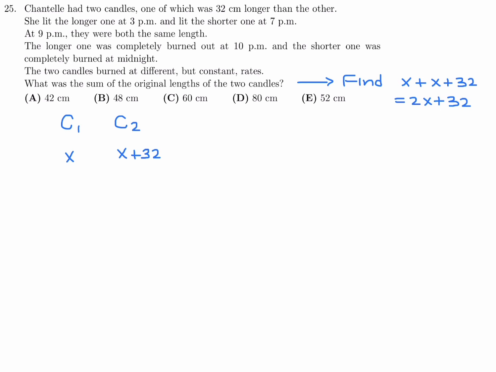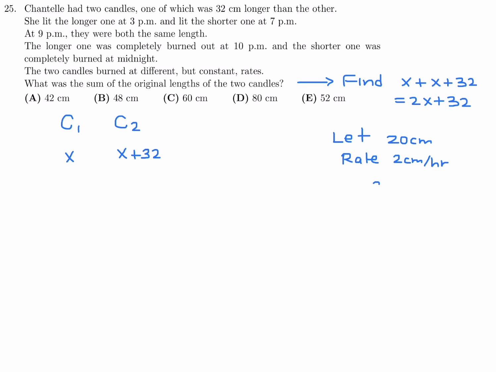Before I begin, I'd like to explain this question a little bit as to how to approach it by giving it some numerical values. Let's say my candle is 20 centimeters long, and the rate at which it burns is 2 centimeters per hour. And I ask you, after 2 hours, what is the length of the candle?